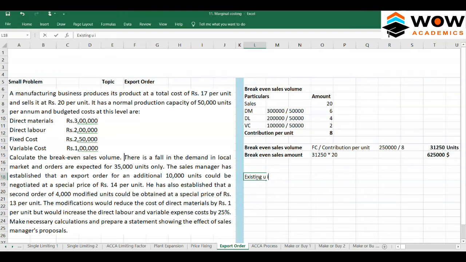Why we need to know that is we need to know whether at least we are recovering the fixed cost or not. So we'll work out that.